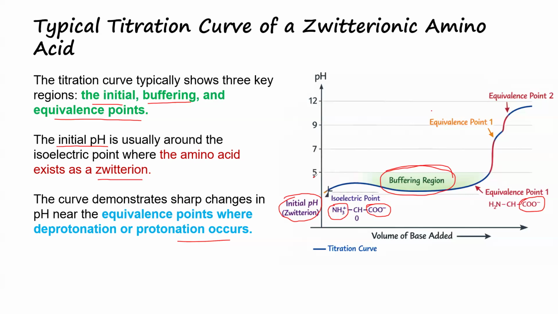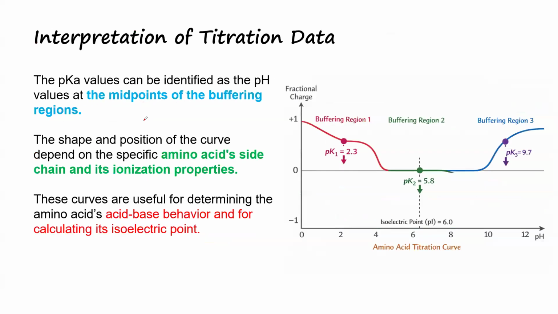It is pH against the titrant, which can be a base or a strong acid. As you can see, these are the three regions: the initial pH region, the buffering region, and then the equivalence points. So now, interpretation of titration data. The pKa values can be identified as the pH values at the midpoint of the buffering regions.